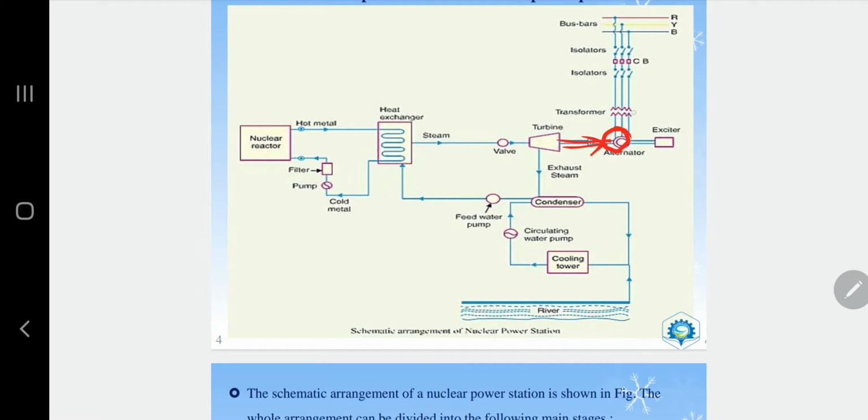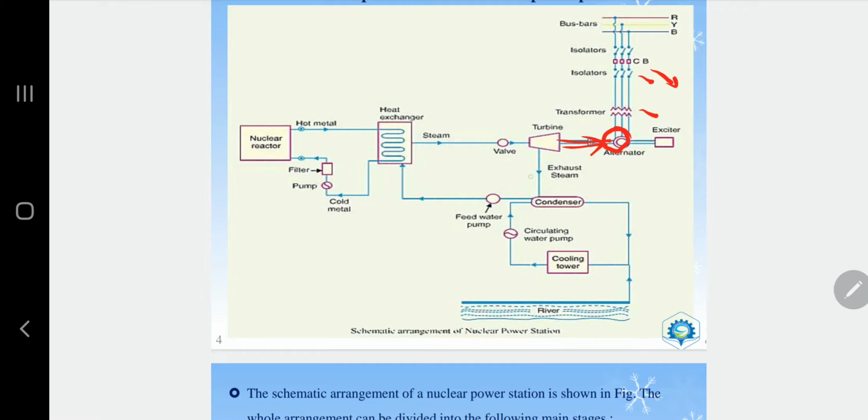First, it has to be stepped up to a higher voltage, then necessary isolation and breaking should be provided for protection from different faults. Then through the necessary protection, it is connected towards the transmission line or bus bars. Now, what happens to the steam, that is the exhaust steam?